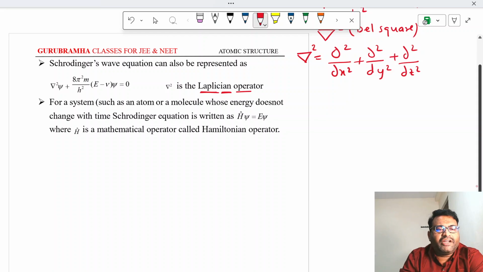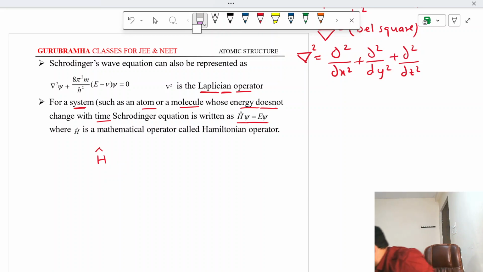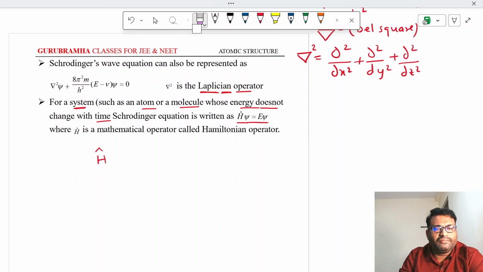Next, for a system such as an atom or a molecule whose energy does not change with time, the Schrodinger equation can also be represented as H cap psi is equal to E psi.